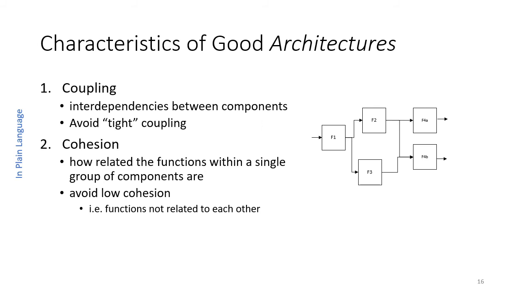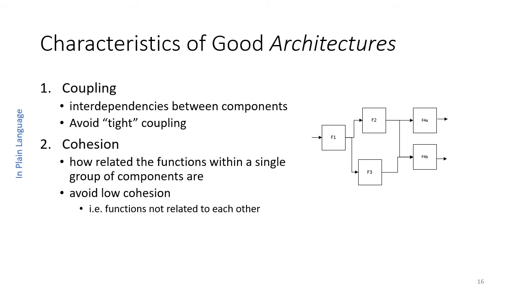So once one has an architecture, the question is what constitutes a good architecture? And there are several attributes. The two most important are coupling and cohesion. Coupling is the interdependence between components. And when you have components that are too interdependent, it's called tight coupling.